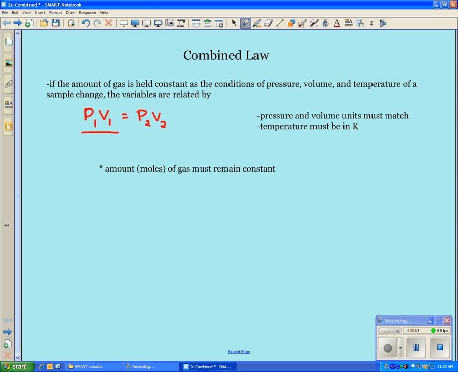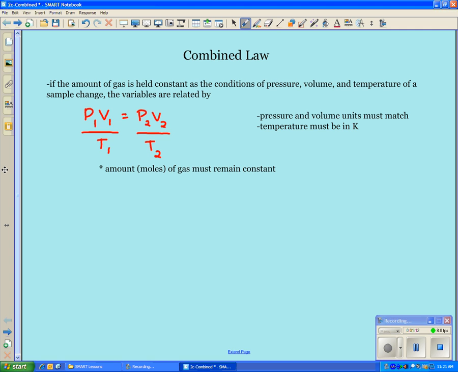So V1 over top of T1 and V2 over top of T2. So the combined gas law puts together pressure, volume, and temperature all together, and that gives us P1 times V1 over T1 is equal to P2 times V2 over T2.